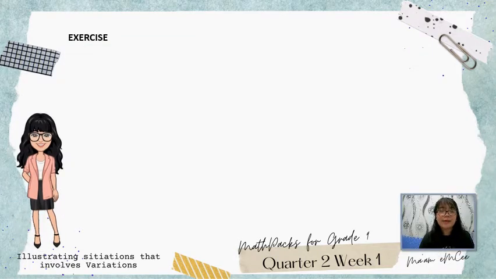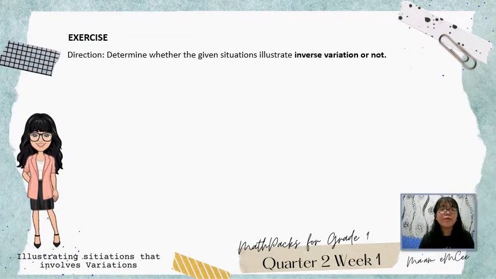Now let us have some exercises. Determine whether the given situations illustrate inverse variation or not. So first, the number of apples and its total cost. So what do you think will happen if we increase the number of apples? Do you think the total cost will also increase or will it decrease? So of course, the more apples you will be buying, the more money you will be spending.